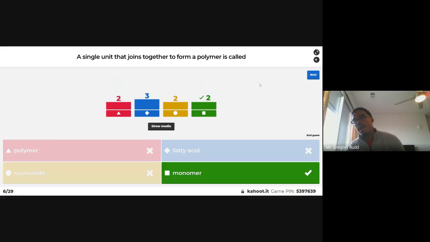So we take several monomers, we put them together, we create a polymer. Seems pretty simple, right? A monomer, mono means one. If I take several monomers and I link them together, I create a polymer, which means many.